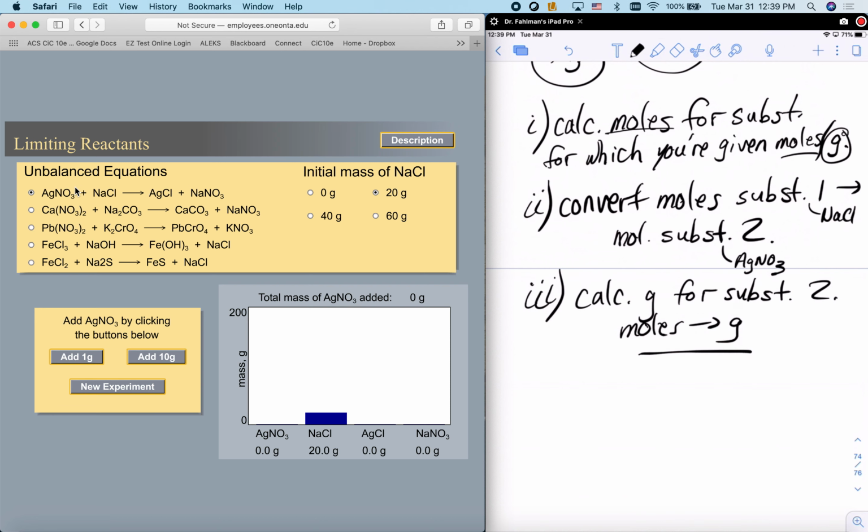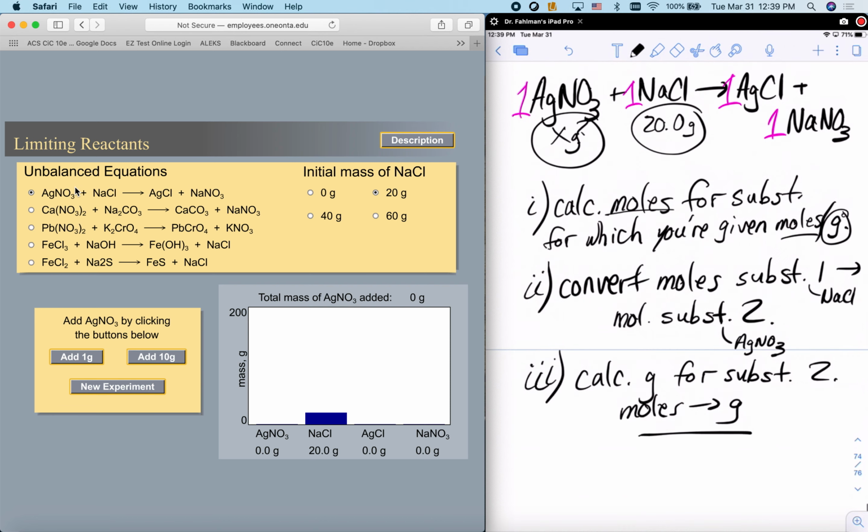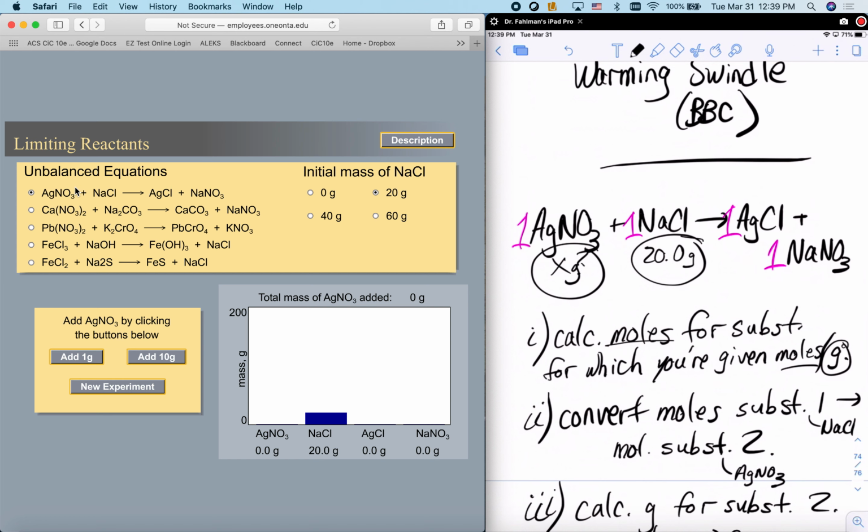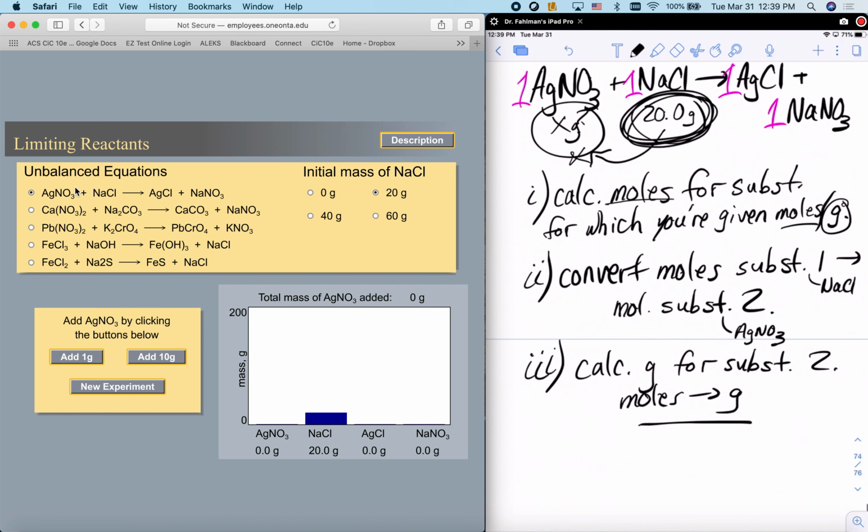Okay, so that's your strategy always: look in the question, are you given grams of anything? If you are, then convert that to moles, and then convert it to moles of something else, and then you can do grams. Okay, so let's do that. So step 1 then is we want to go from 20 grams to moles. So you do 20 grams divided by the molar mass of sodium chloride.